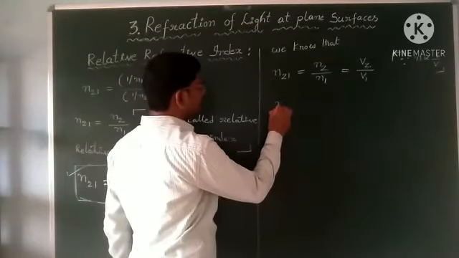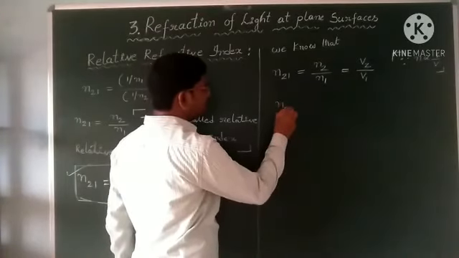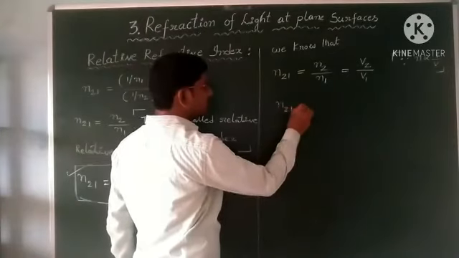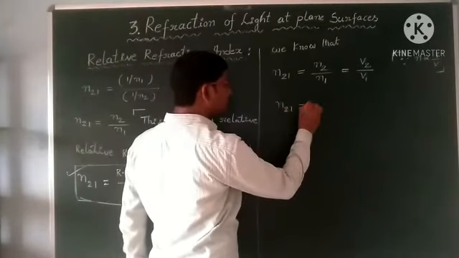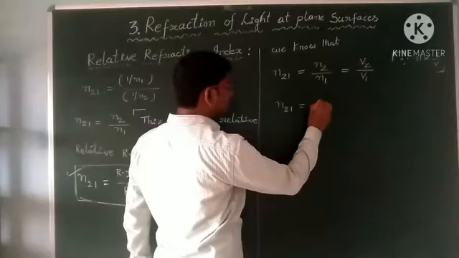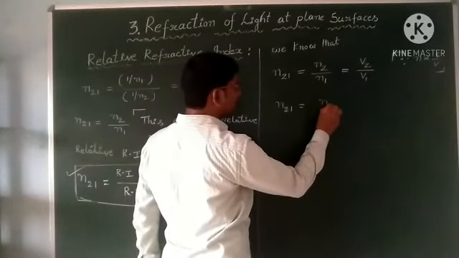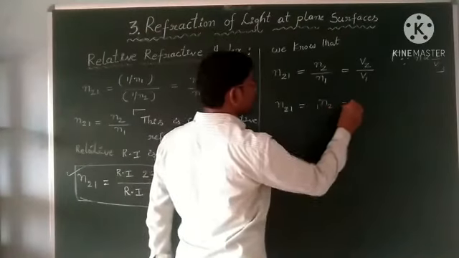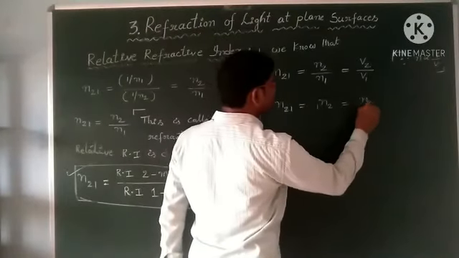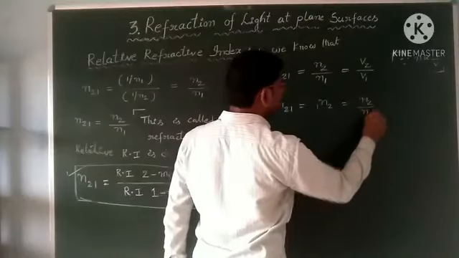Sometimes n2 to 1 we write like this also, that is called n2 by n1.